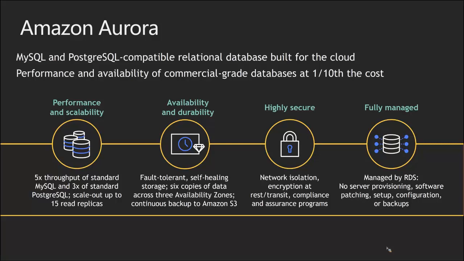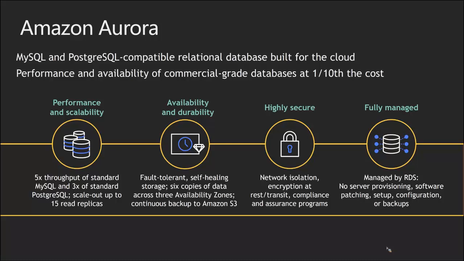Availability and durability, lots of capabilities around fault tolerance, self-healing storage. The storage is highly durable, using our availability zones, which are a standard AWS concept, and continuous backup so that you don't need to do any backups of the database yourself. The database is continuously backed up to Amazon S3, and you can do point-in-time recovery to any point that you want for as long as you keep the backups.